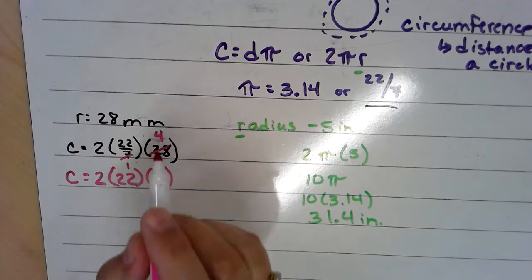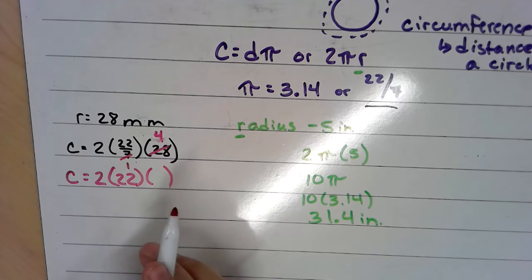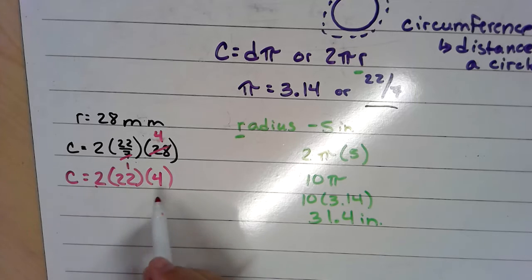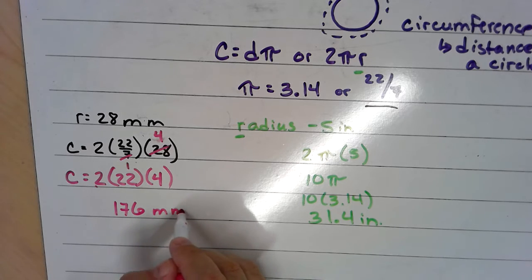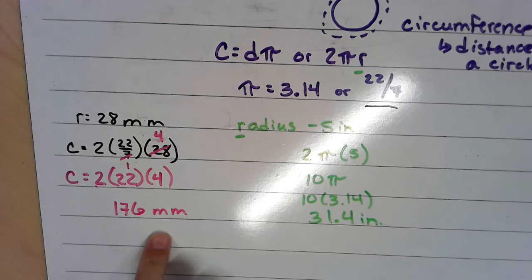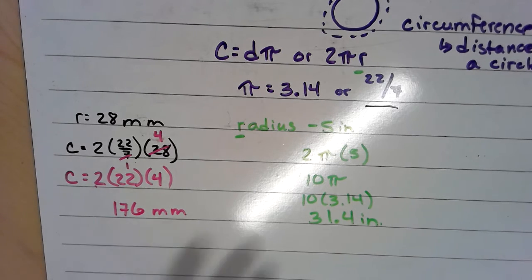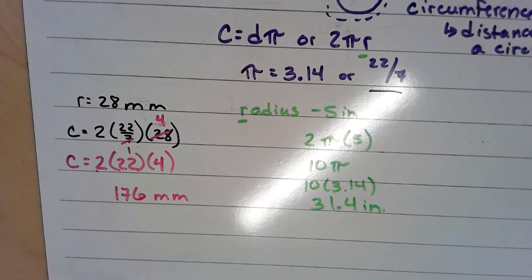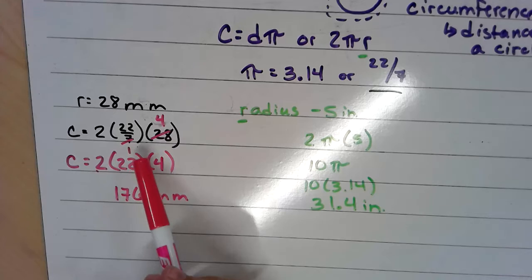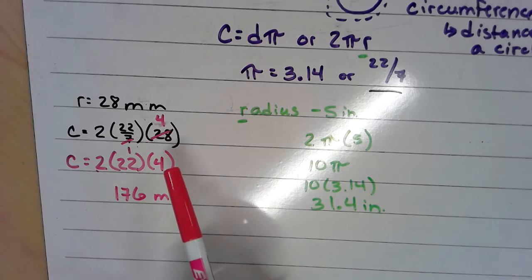So 2 times 22 times 4, that's 8 times 22, which is 176 millimeters. So that's our new circumference, right? I was doing that right the whole time. So just if they tell you use 22 sevenths, you have to. If they don't tell you, you don't have to. You can use anything you want.